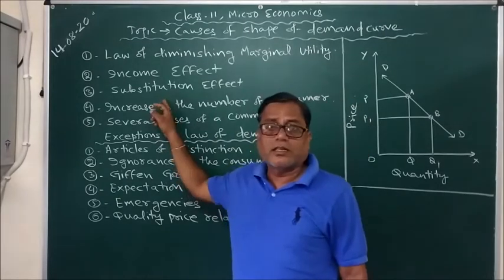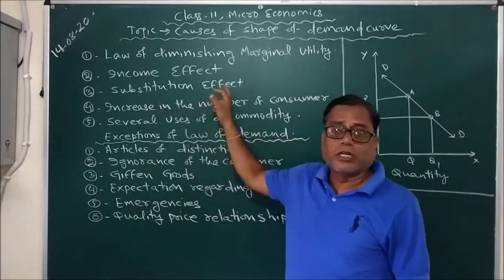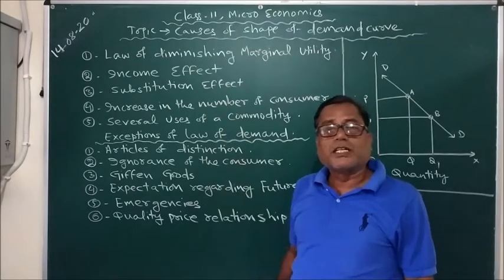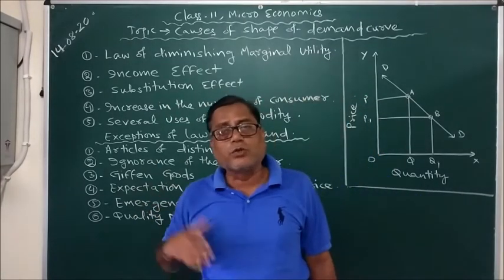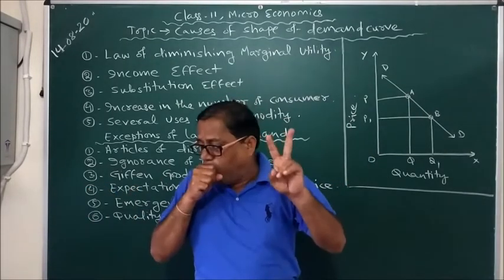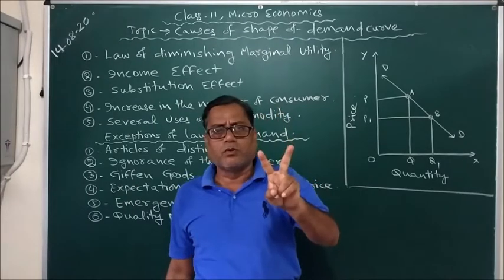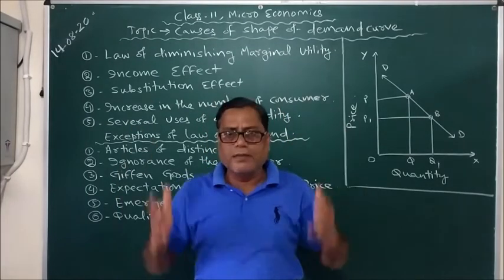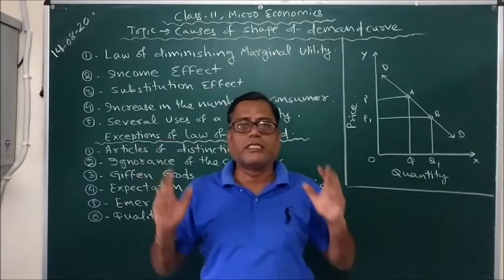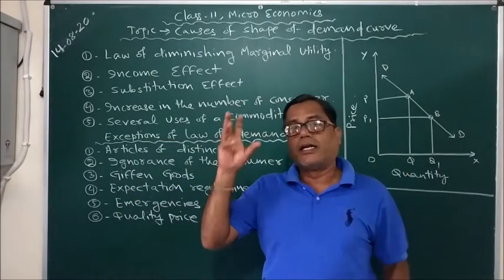Now, yet another technical term is substitution effect. Try to understand substitution effect. Substitute goods, we have already discussed earlier, that when two different goods give the same type of satisfaction, then both are called substitutes to each other, like tea and coffee.